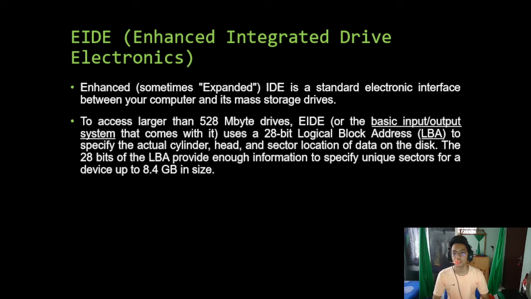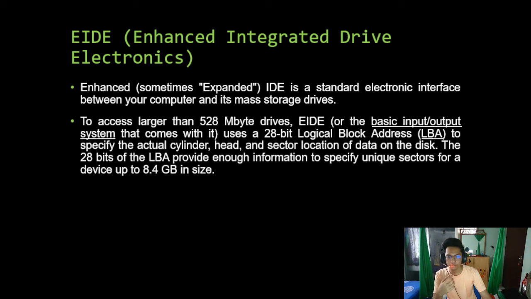This is a technology. EIDE is the enhancement of IDE, the standard electronic interface between our computer and its mass storage device, which is like a hard disk or CD or DVD drive and so on.